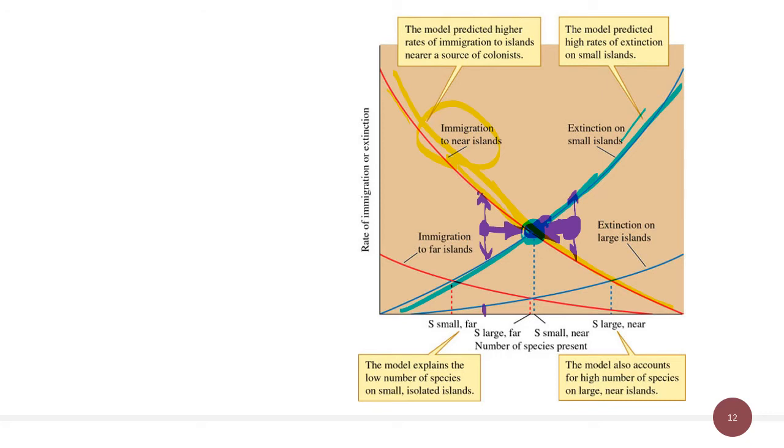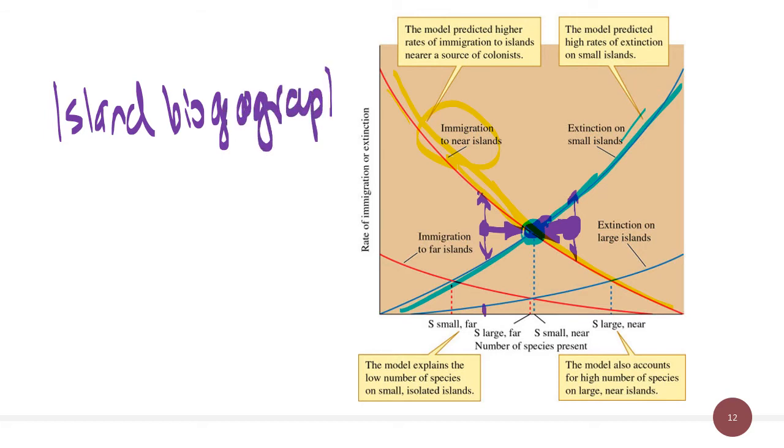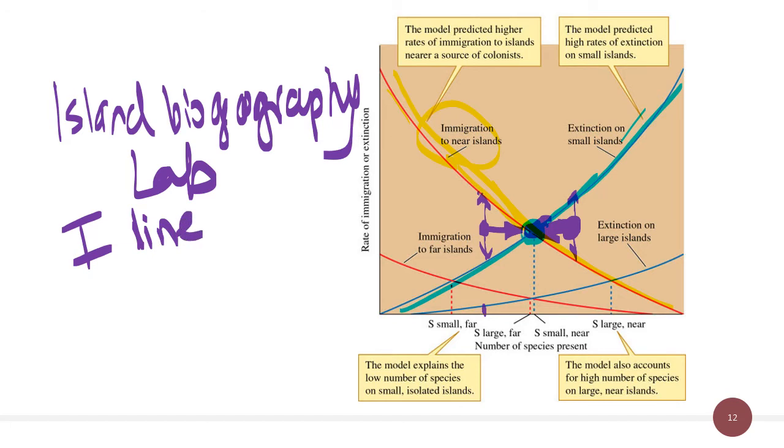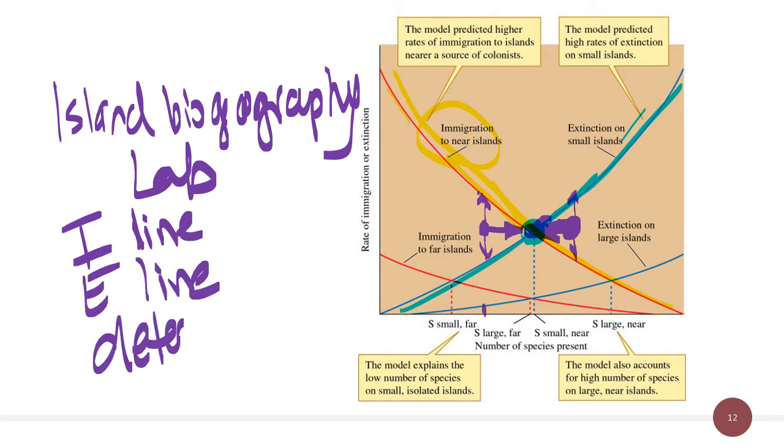So we'll be doing an island biogeography lab where you're going to be able to calculate the immigration rate lines and the extinction line, and you'll be able to determine the equilibrium number of species for different islands.